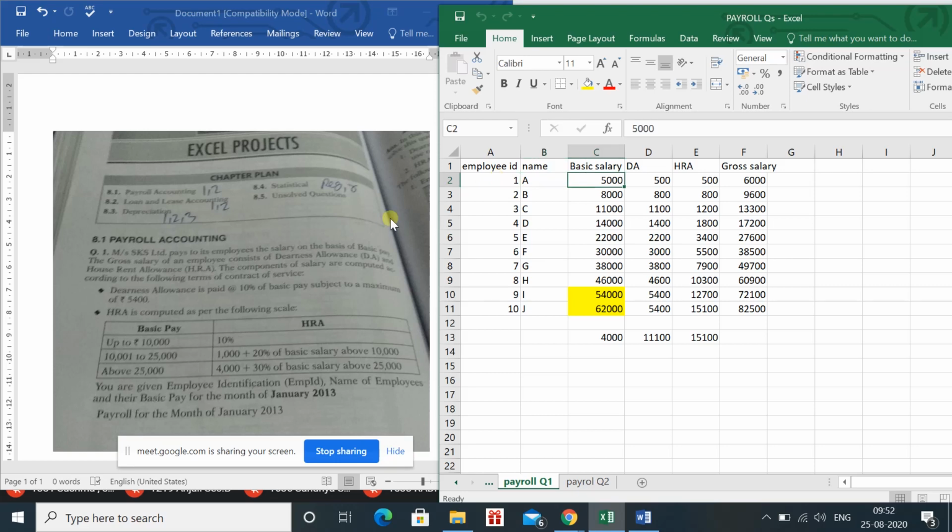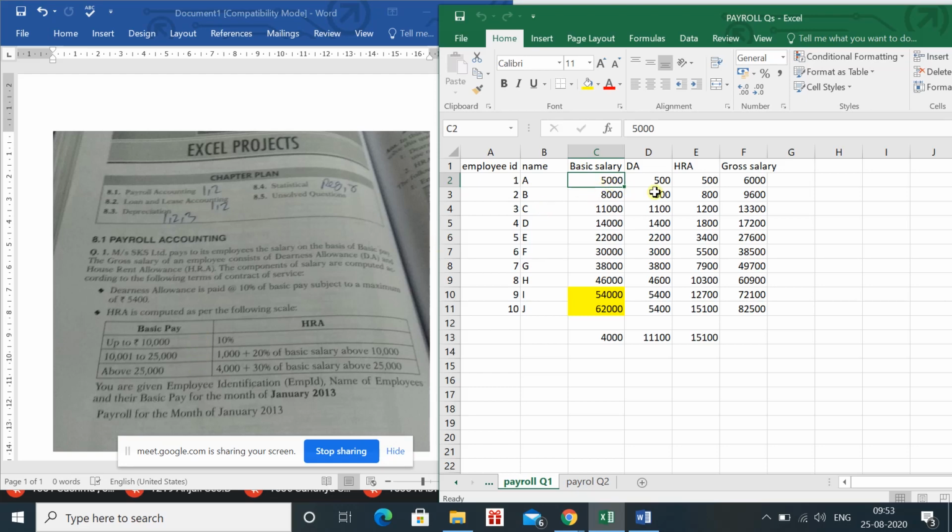In the question you can see that we have the conditions for DA and HRA. For HRA, you can see up to 10,000, 10,000 to 25,000 and above 25,000. If we want to show these three conditions, we should have basic salaries of such types.